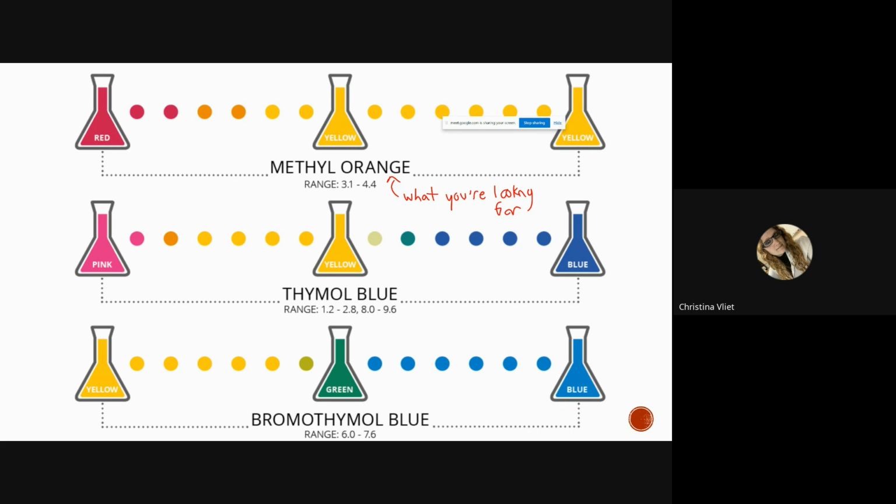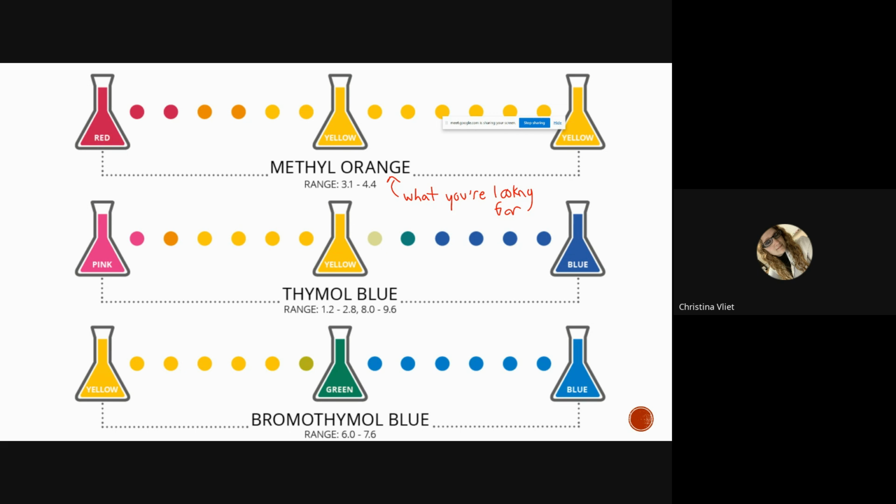So you're going to start off with the yellow solution when you add indicator, because you're going to have the carbonate in here. If you go too far, it is red. So it's yellow to red.